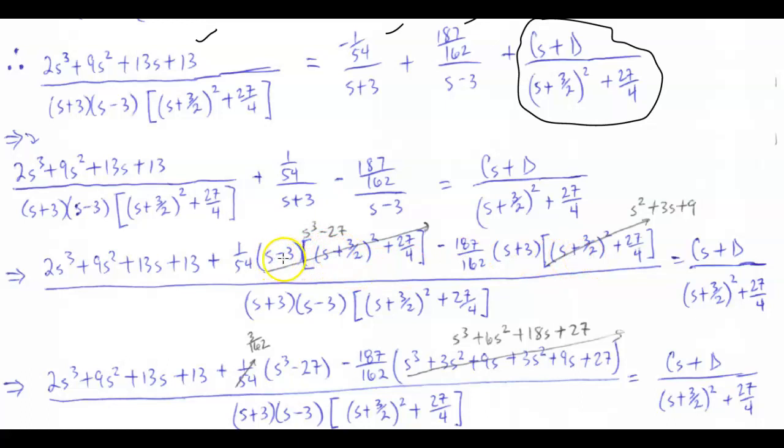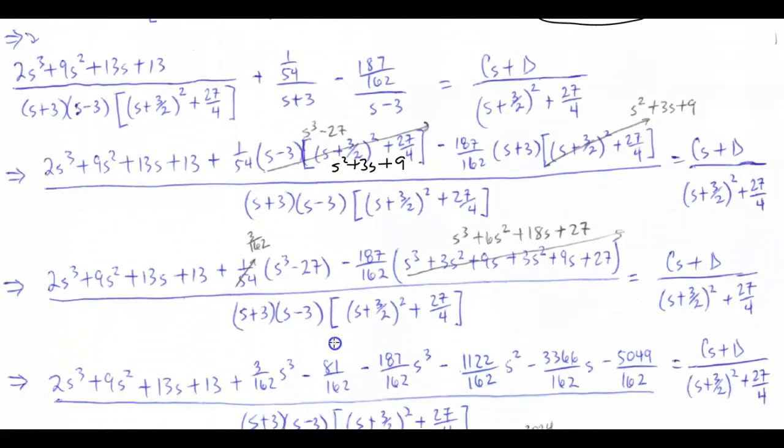Now, I remember that s minus 3 times all this business here, remember, this is the same as the s squared plus 3s plus 9, and this times that was just s cubed minus 27. So we remember that, and that makes what we're doing here a little bit simpler. Unfortunately here, that doesn't reduce down to anything, so we're actually going to have to multiply that out. And so you see that I have that result here.